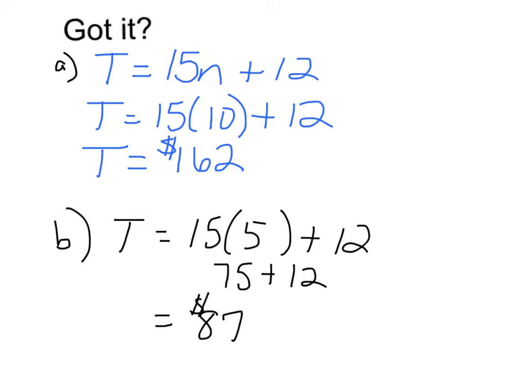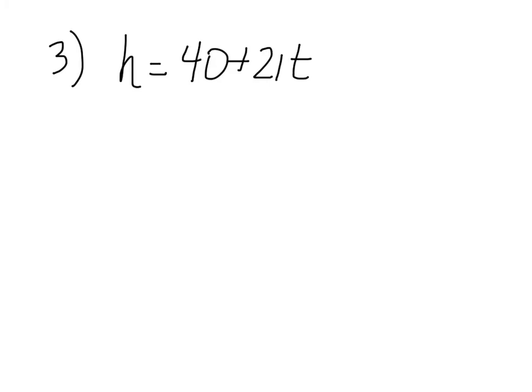I want you now to do number 3 under practice A yourself, and then I will tell you the answer. Number 3. A helicopter hovers 40 feet above the ground. The helicopter climbs at a rate of 21 feet per second. Write a rule that represents the helicopter's height h above the ground after t time. So you should have written this: h equals 40 plus 21t.